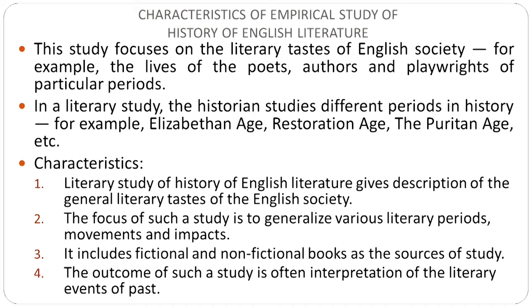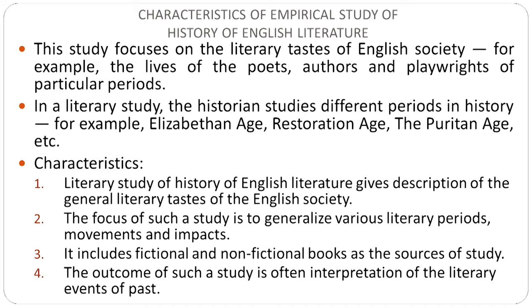For example, the lives of the poets, lives of the authors and playwrights of particular periods, the activists, social people, intelligentsia, etc. In a literary study, the historian studies different periods in history. For example, Elizabethan age, Restoration age, the Puritan age, etc.